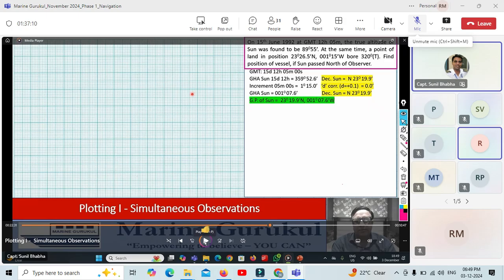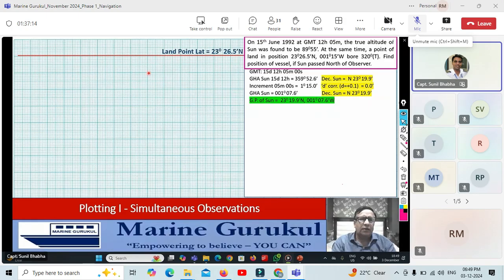Great, very good. Now, what we have drawn on the graph is the parallel of latitude for the point on land, which is 23 degrees 26.5 minutes north. Why? Because we see that the GP latitude is south of it.